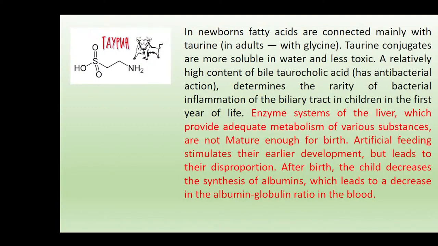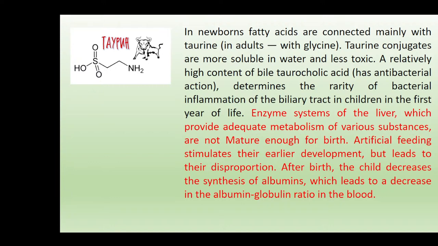In a newborn, bile acids are connected mainly with taurine, in an adult with glycine. Taurine conjugates are more soluble in water and less toxic. A relatively high content of bile taurocholic acid has antibacterial action, which determines the rarity of bacterial inflammation of the biliary tract in children in the first years of life.